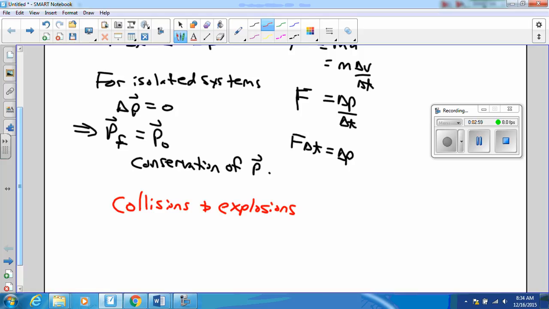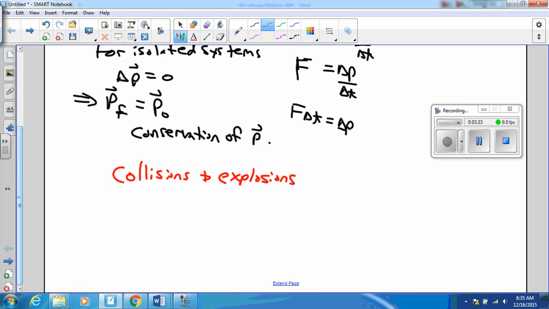We saw that like with a bat acting on a softball, right? In that 3 milliseconds where the bat hits the softball, the force spikes up to like 18,000 newtons. Well, air resistance is negligible compared to that. And so because the outside forces are negligible, for all practical purposes, a collision can be treated as an isolated system in that moment of collision.